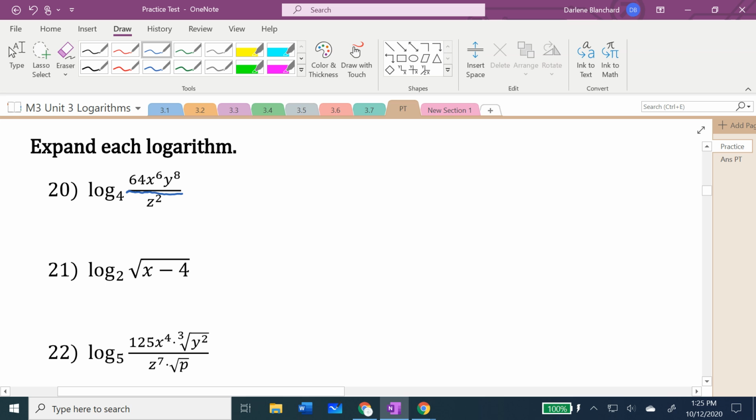When you have division inside a logarithm, it will split the logarithm into 2. And what operation will I have? Good. Subtraction.